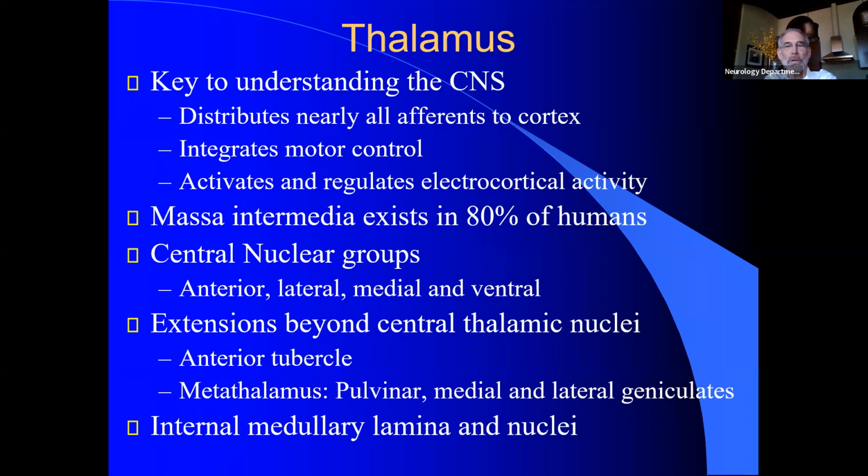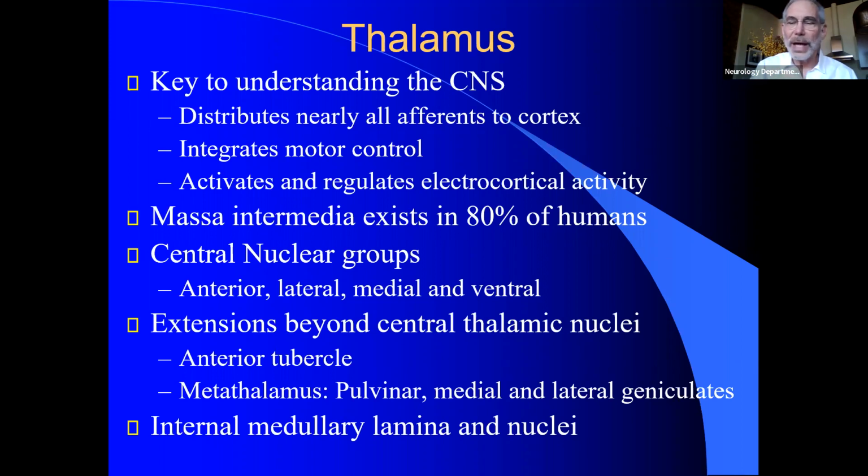The pulvinar, the medial and lateral geniculates are in many ways separate, but in many ways share so much of the functional organization and local neuronal structures of the central nuclei that others would say it makes no sense to separate them. But there you are. They can be separated if you want to.